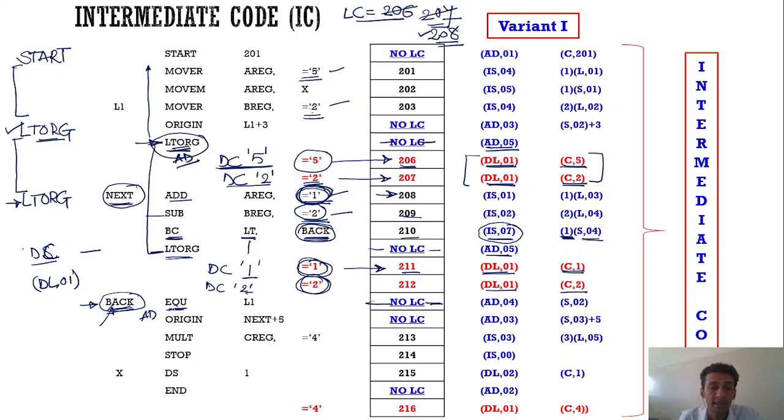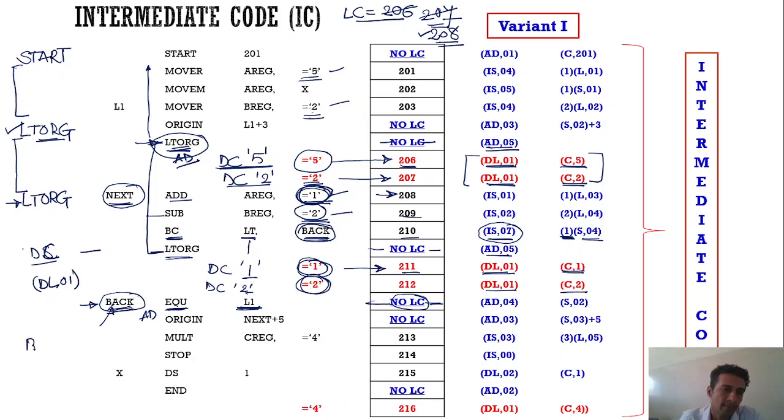But this is the exception where we have the EQU statement. EQU is an assembler directive, so we are not going to have any location counter over here. The EQU statement essentially instructs the assembler to equate the value on the left hand side to the value on the right hand side.